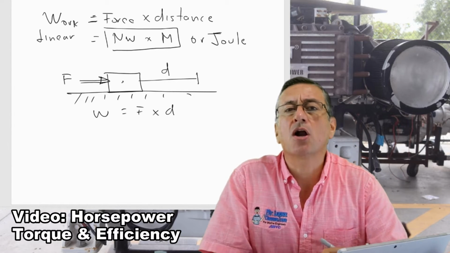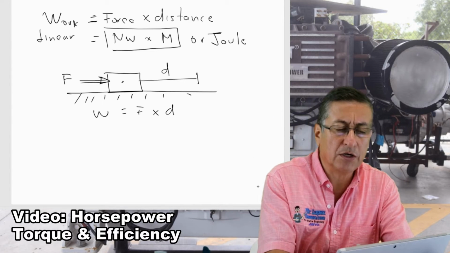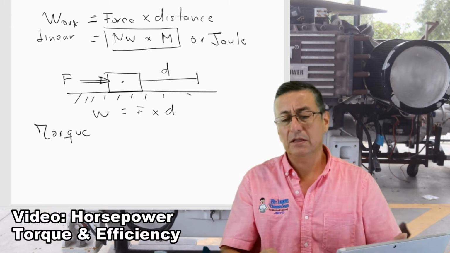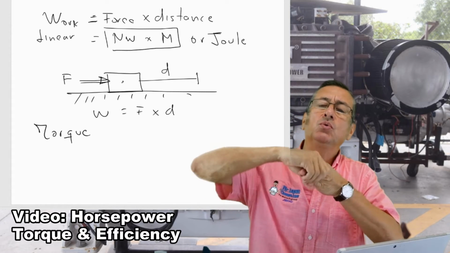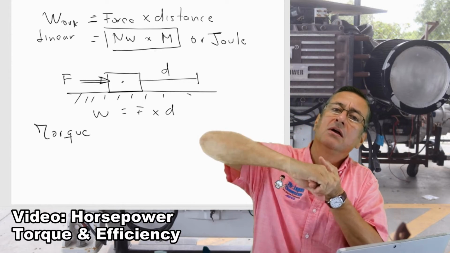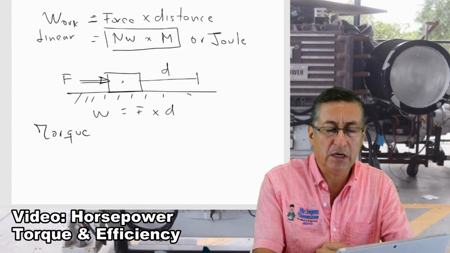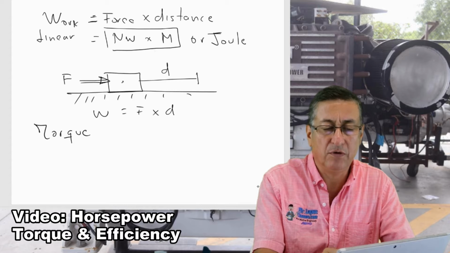What about torque? Torque is the force that you apply to twist a bar. For example, this is the front view of a rod of iron.